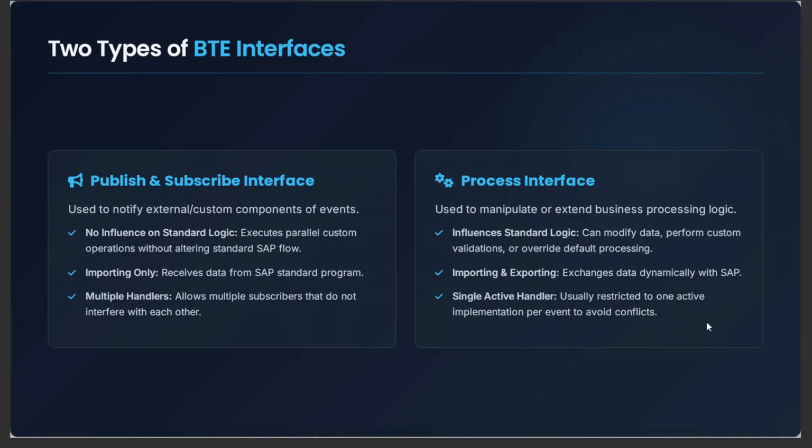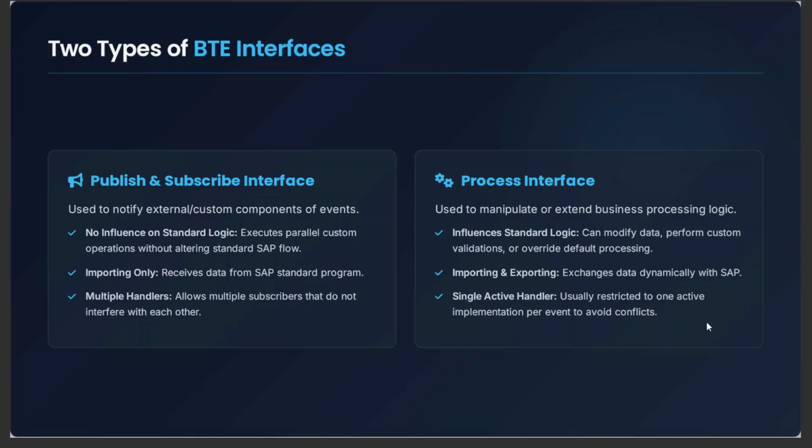It informs external or customer components that an event occurred, for example, a document was posted. It only has importing parameters from SAP and cannot influence standard SAP logic. Multiple subscribers can listen to this event simultaneously without interfering with each other.